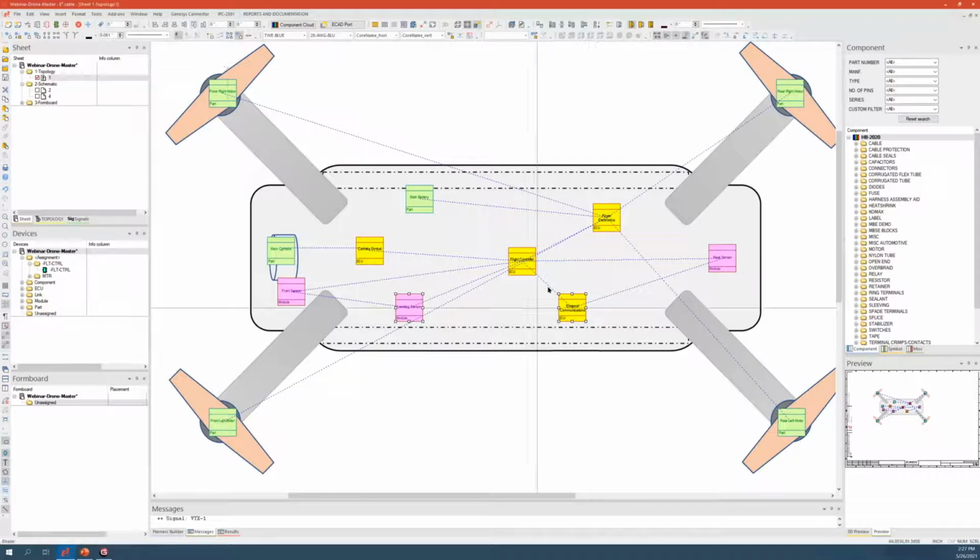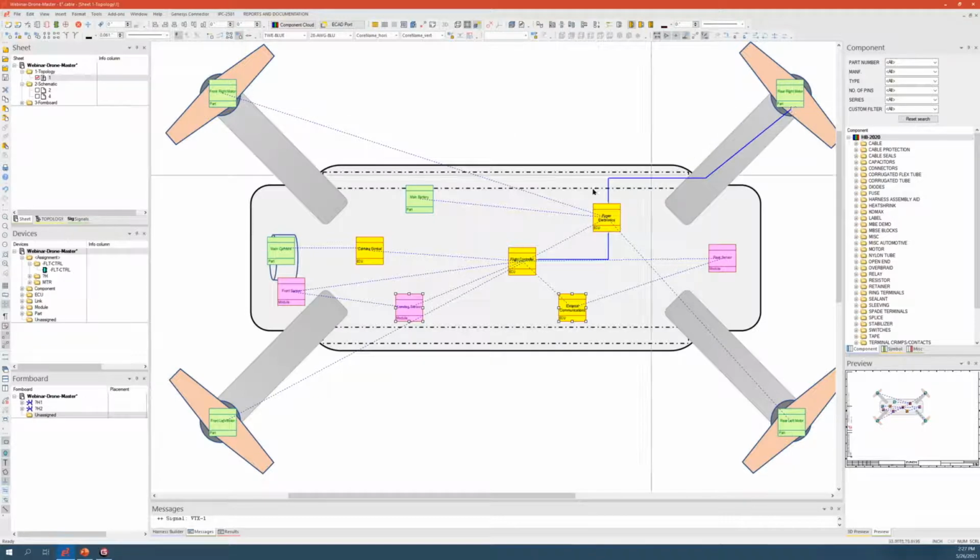So you can establish some links as well. Let's make a link between the power electronics board, and maybe the power electronics board connects to the motor over there. Very quickly, we can establish the links. And these links are, of course, very intelligent.